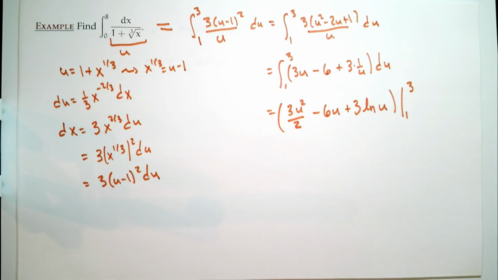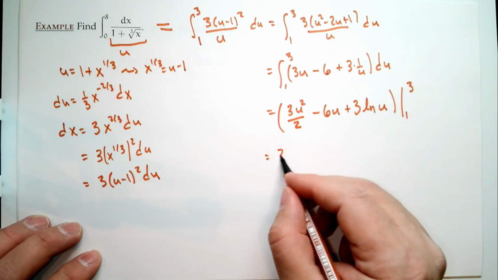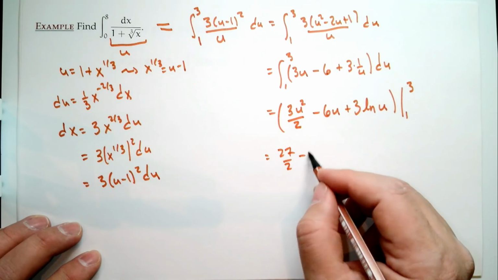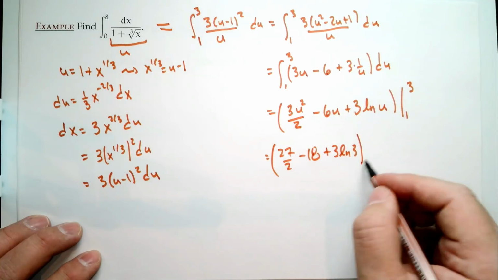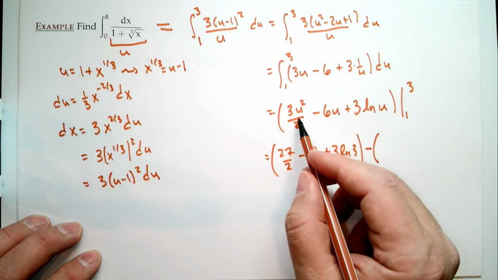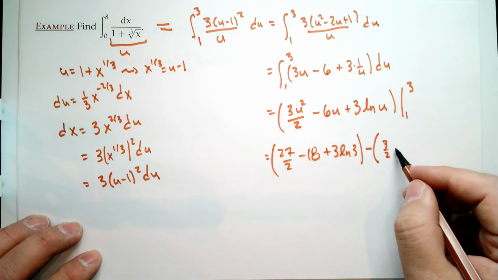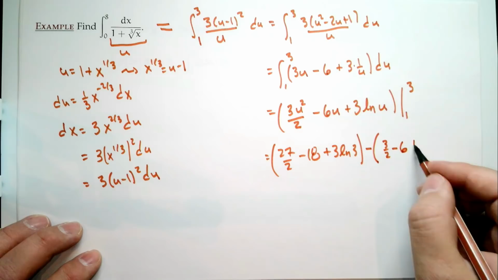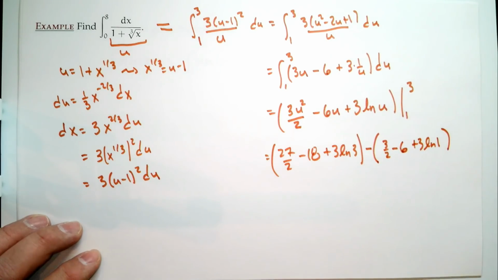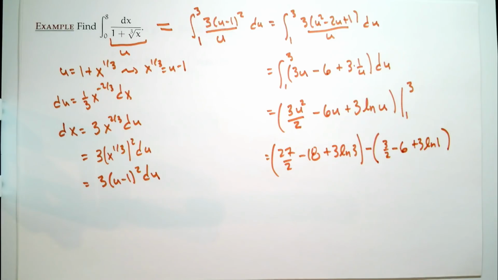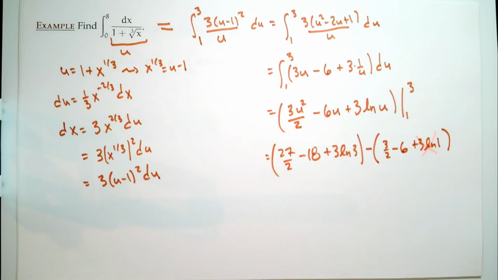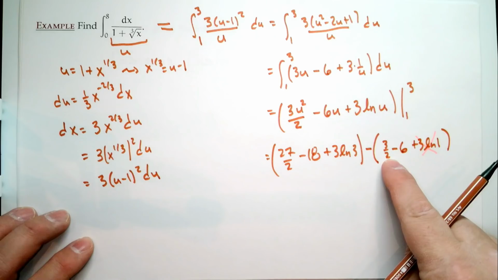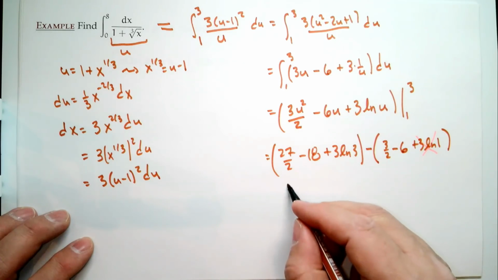When we plug in 3, we're going to get 27 halves minus 18 plus 3 log of 3. And from that, we're going to subtract 3 halves minus 6 plus 3 log of 1. Well, we can cancel, maybe not cancel, but at least knock out 3 log of 1 is 0, so that term is gone. 27 halves subtract 3 halves would be 24 halves, which would be 12.